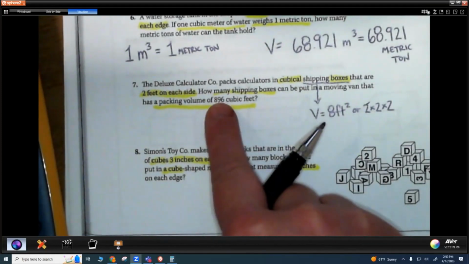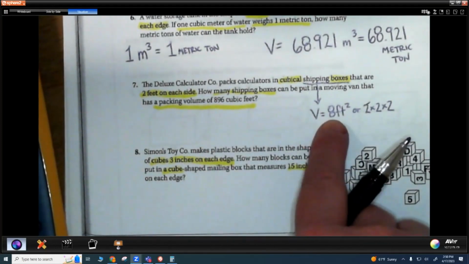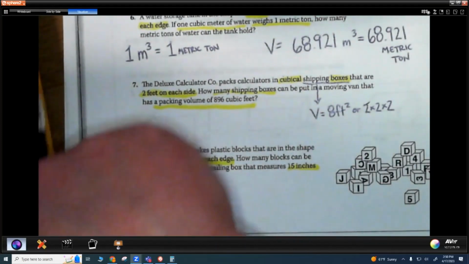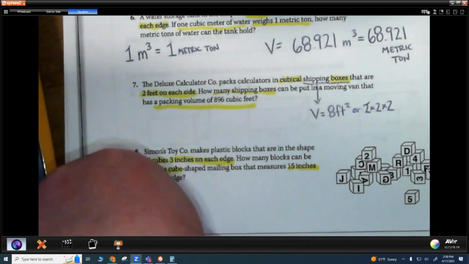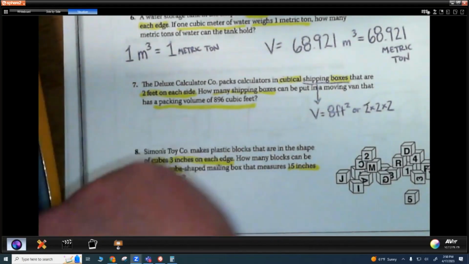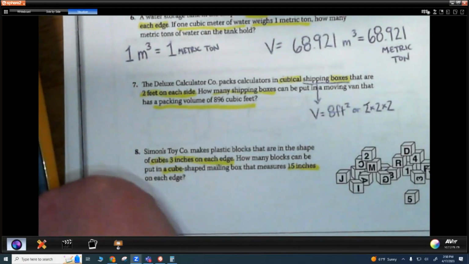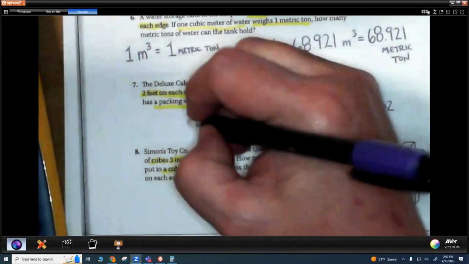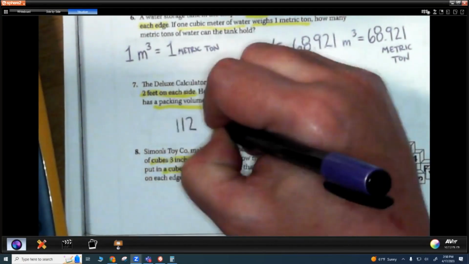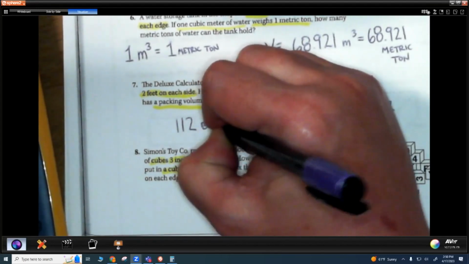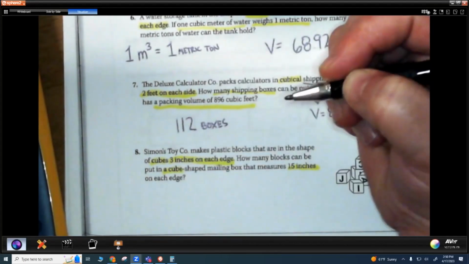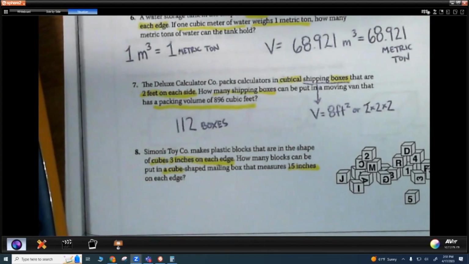And if we have this much total volume, then we take the total 896 and divide it by our single volume. And so we know that in theory, if our packing volume is shaped correctly, we should be able to get 112 boxes in the van.